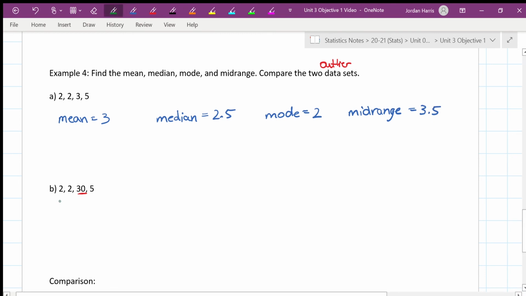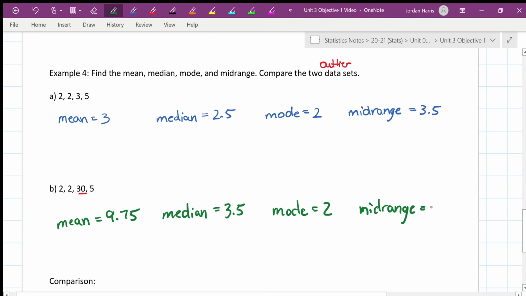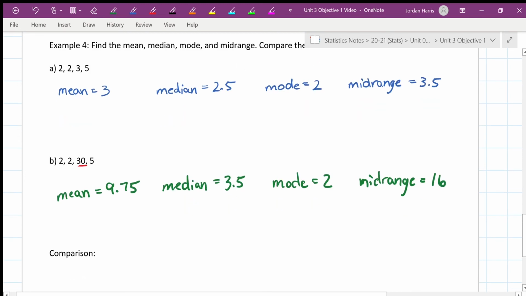For the second data set, my mean is 9.75. My median is 3.5. My mode is 2, and my mid-range is 16. Okay, so besides the mode, all the other ones were affected.